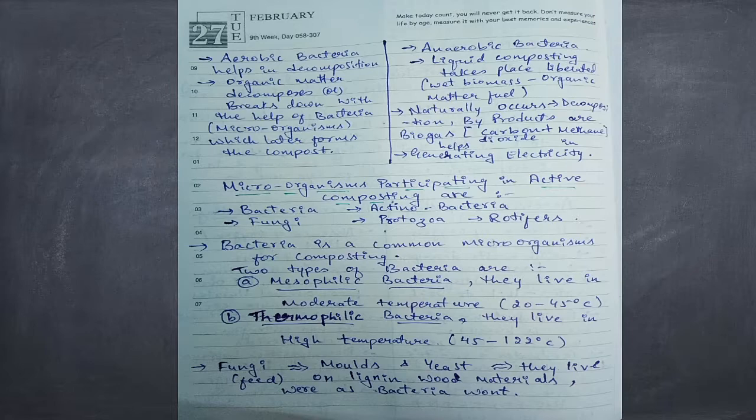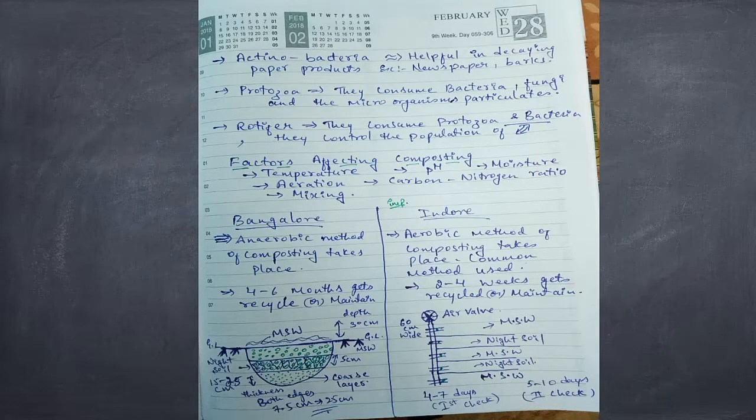They feed on the lignin content of wood, so they decompose wooden materials. Actinobacteria decompose paper materials and so on. Protozoa and rotifiers feed on these bacteria and fungi, thereby reducing everything.